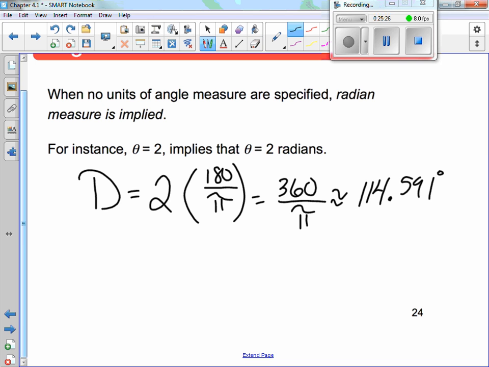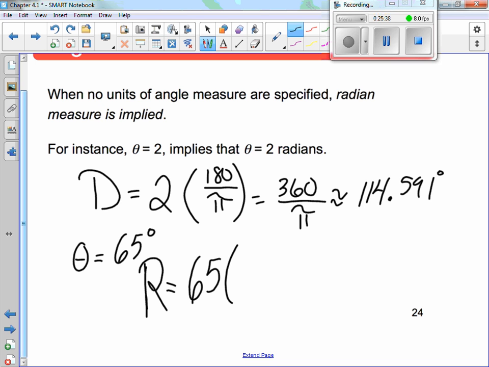Let's say the degree for our angle is 65 degrees. If I want to convert it to radians, we're going to take 65 and multiply it by pi over 180. You can type this into the calculator.